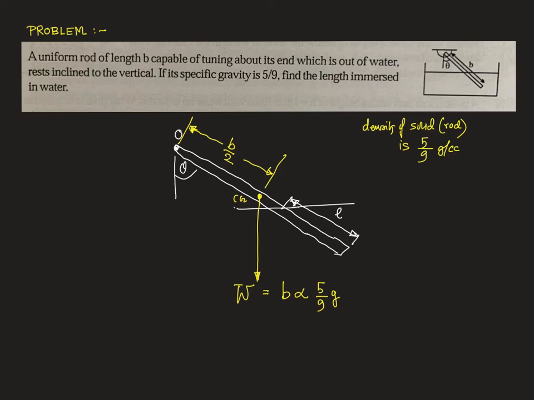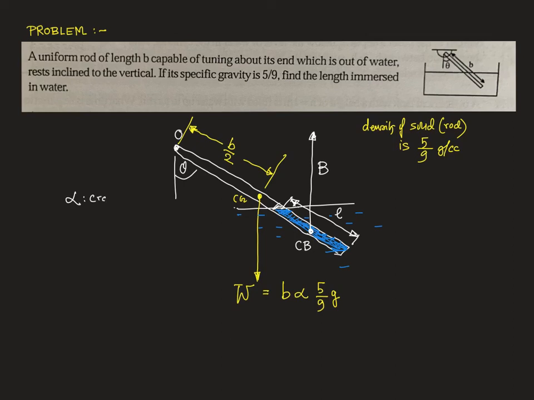Okay, and next, about the submerged volume. So this is the liquid and the submerged volume inside the liquid is this. So buoyancy acts through the midpoint of this submerged volume, that is the center of buoyancy here. So this is the buoyant force. Now what is the buoyant force? What is alpha?